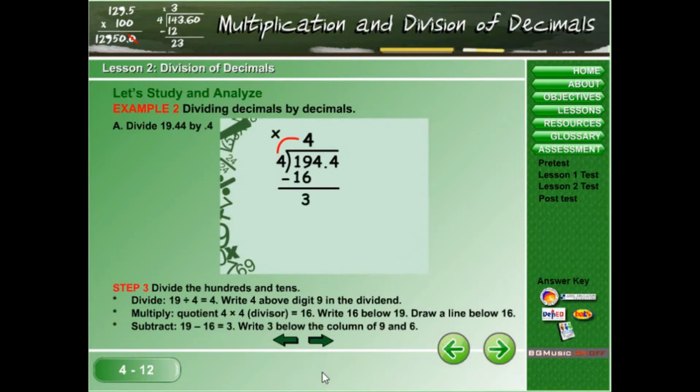Write 4 above digit 9 in the dividend. Multiply. Quotient 4 times 4 divisor equals 16. Write 16 below 19. Draw a line below 16. Subtract. 19 minus 16 equals 3. Write 3 below the column of 9 and 6.